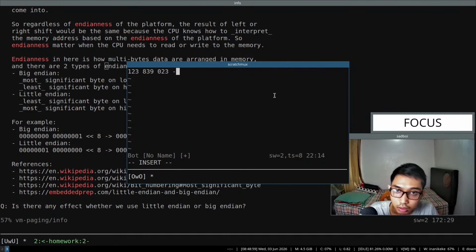This is in decimal, I guess. Decimal, right?